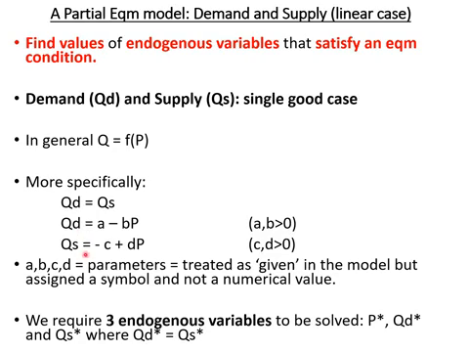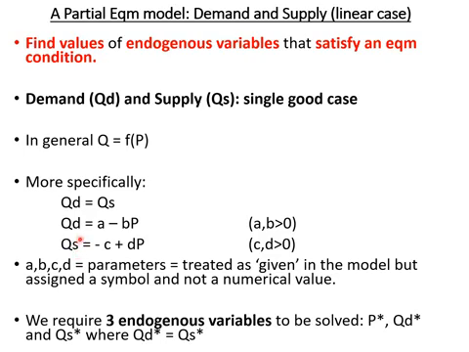Okay, and for quantity supplied, we also have our linear equation here, minus C plus dP, and again, quantity supplied is a function of price, and here there's a positive relationship between price and quantity supplied. In other words, as the price goes up, for example, the quantity supplied will also increase.